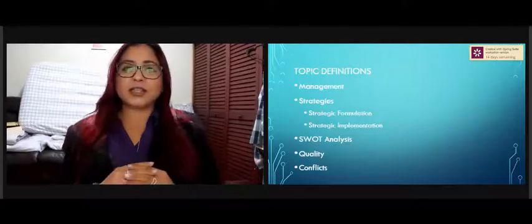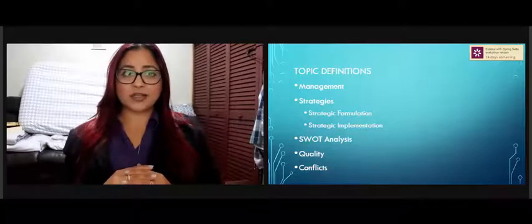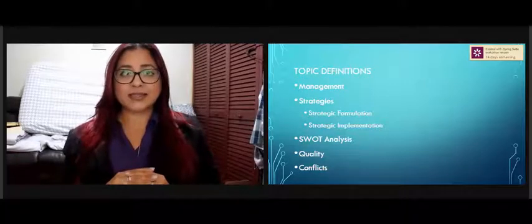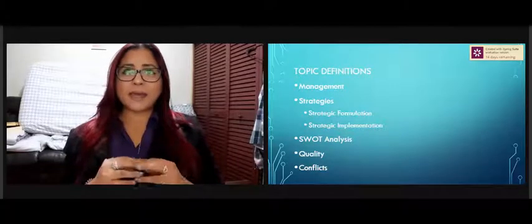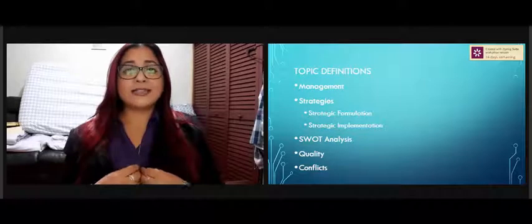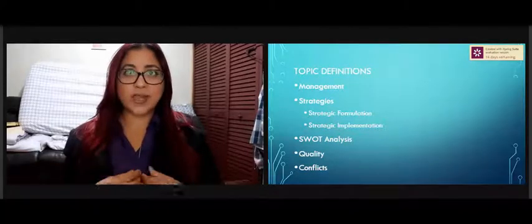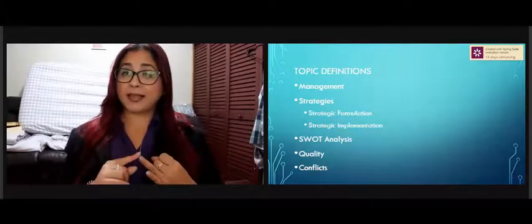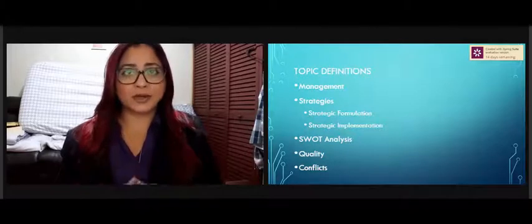In the topic definition, we have management, strategies, strategic formulation, strategic implementation, SWOT analysis, quality, and conflicts. Management are activities that are organized to achieve the company's goals. These activities include decision-making, planning, leading, controlling, and organizing resources.